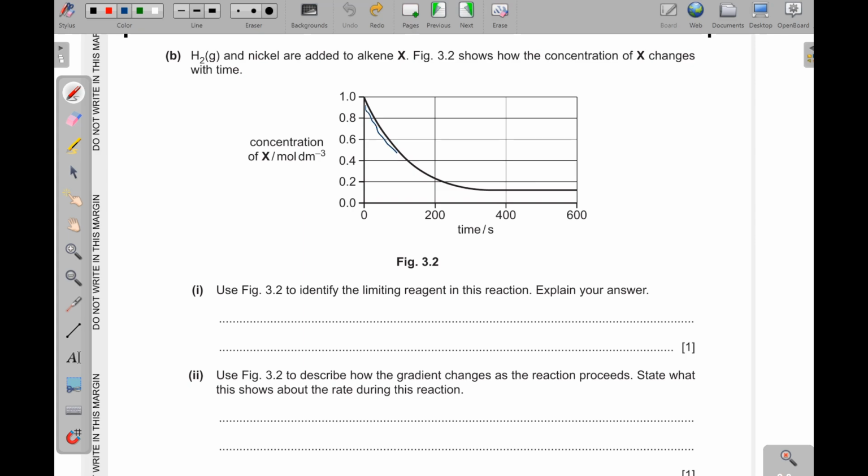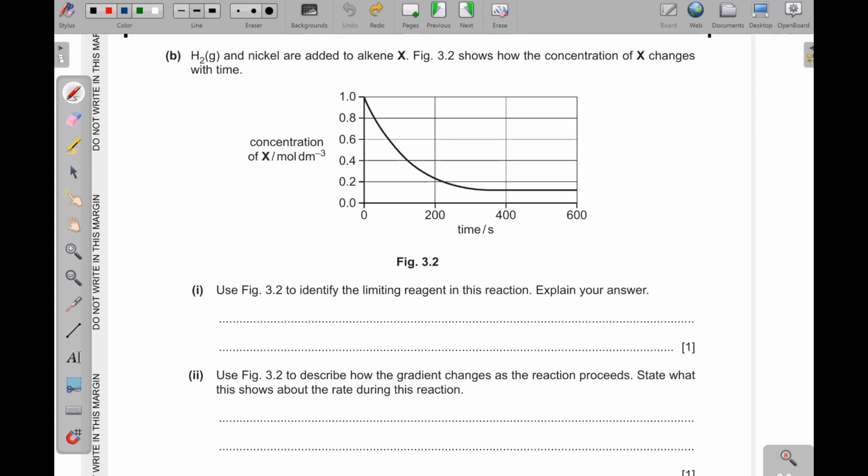But as it is decreasing, we see that somewhere from, let's say, 400 to 600, it is constant. So that means what is being added is maybe used up, and we still have some more concentration of this X here, the alkene. You get it? So this simply implies that the alkene, I mean the hydrogen, the supply of hydrogen is now the limiting reagent.